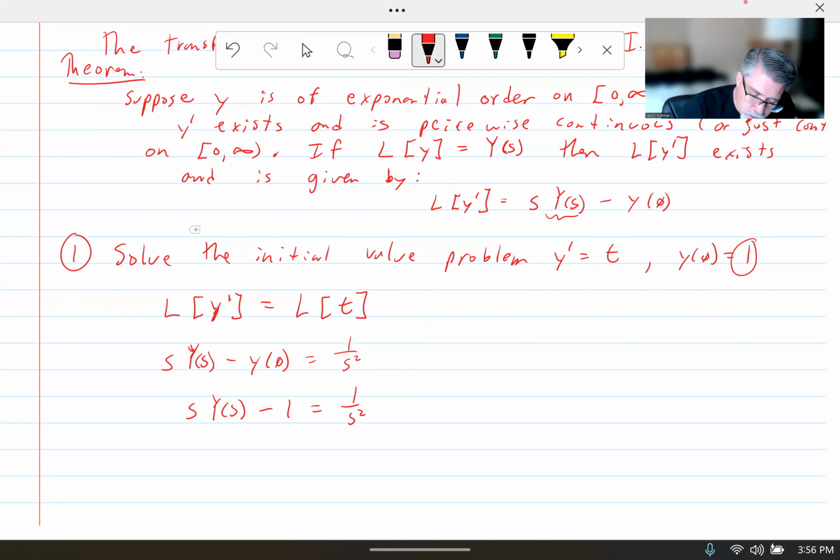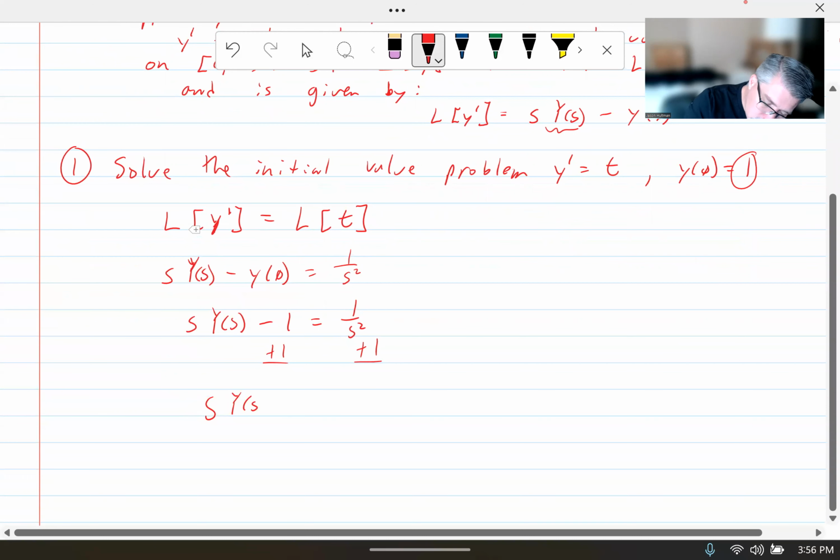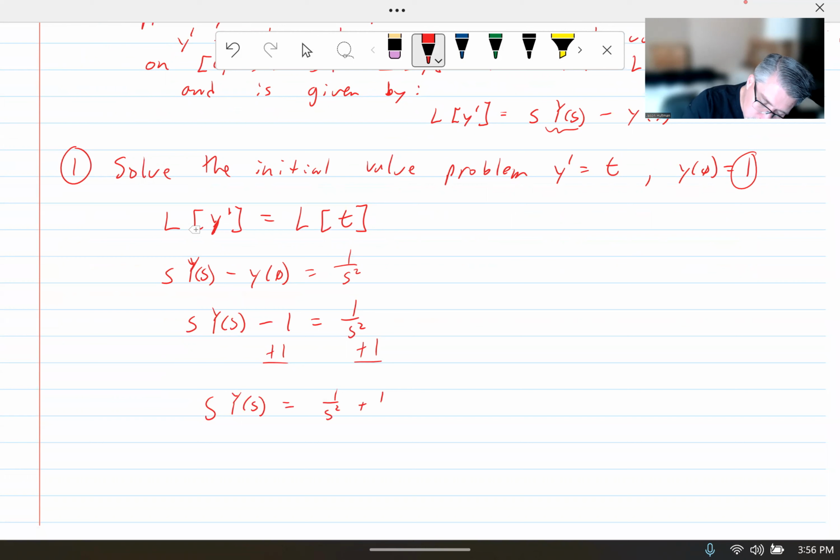Let's add that 1 to both sides. We get s Y of s is equal to 1 over s squared plus 1. Then I'm going to divide by s, or multiply by 1 over s.